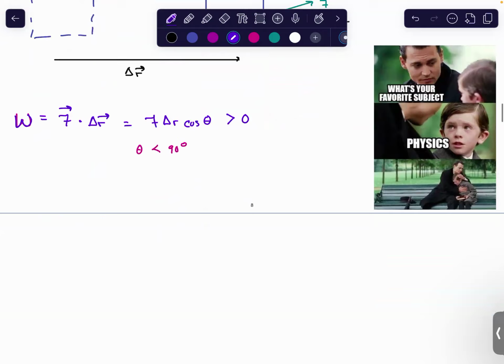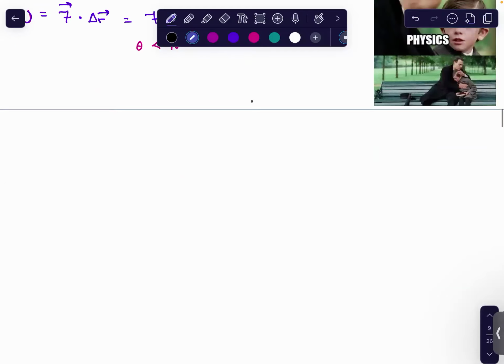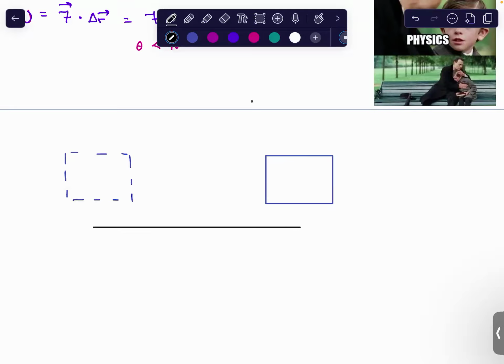Now, what if we have a similar scenario? Our displacement's still in that direction.